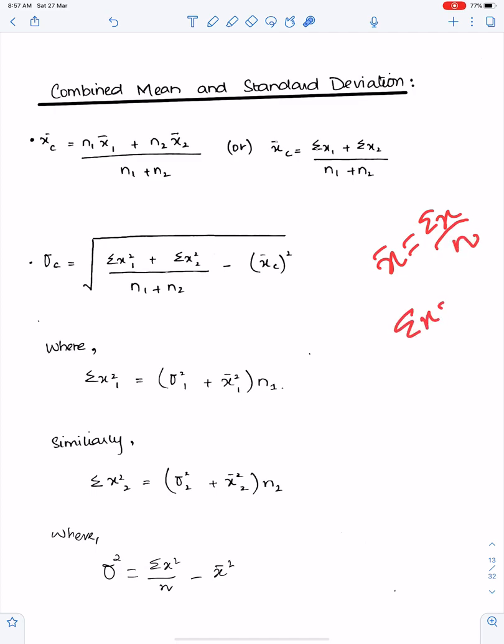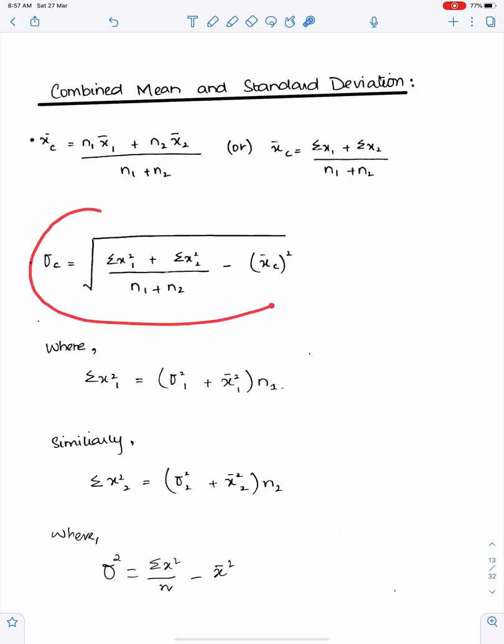So sigma x will be n x bar. So if you replace sigma x by n x bar, you will get this formula. I suggest you learn these two formulas, because sometimes we need this formula, sometimes we need to use this formula. Well, standard deviation. Standard deviation formula is this for combined standard deviation.